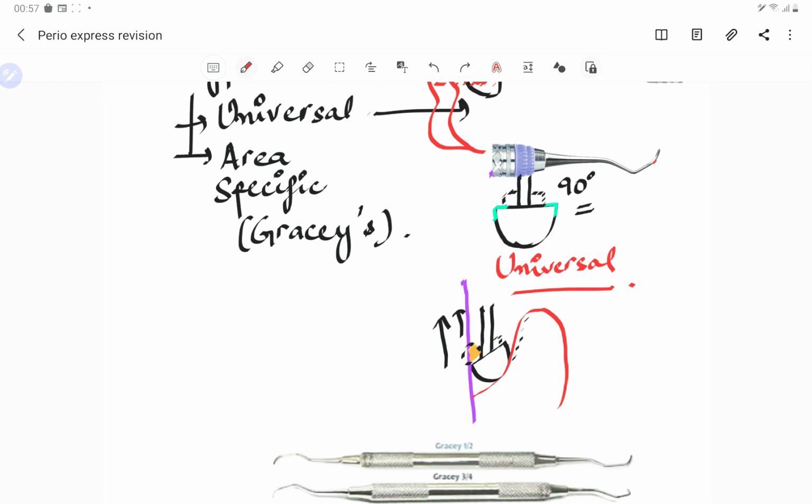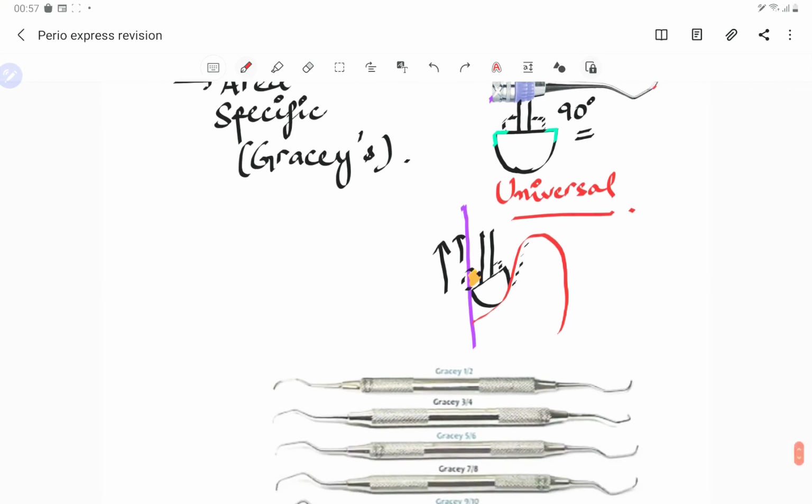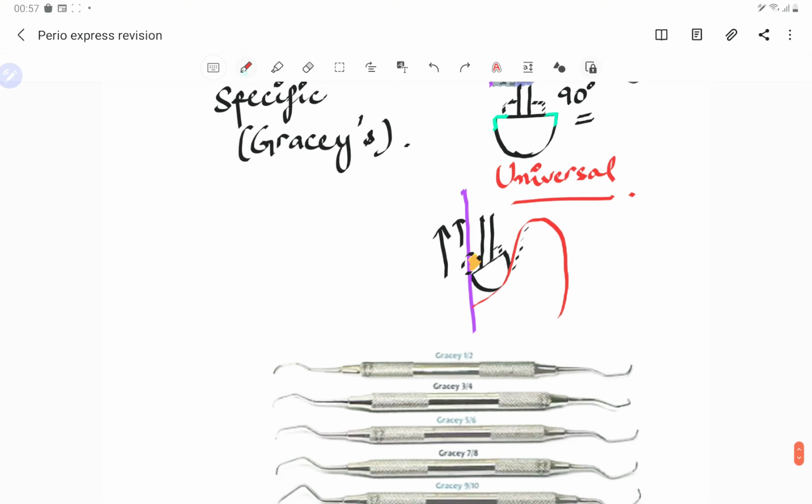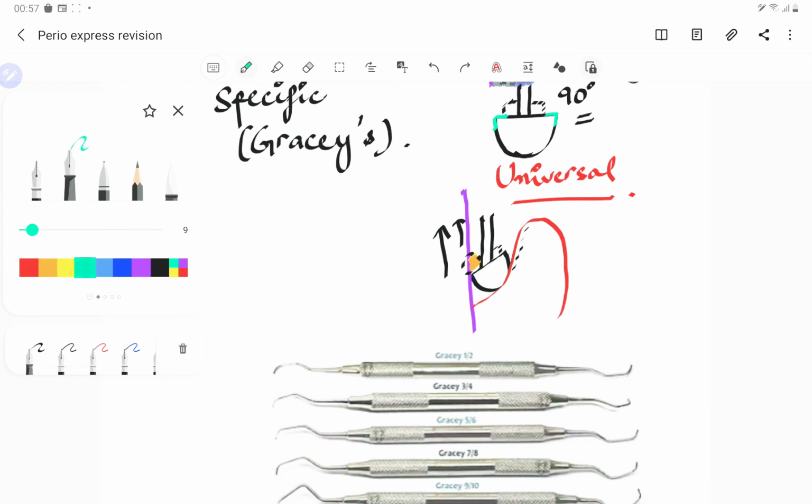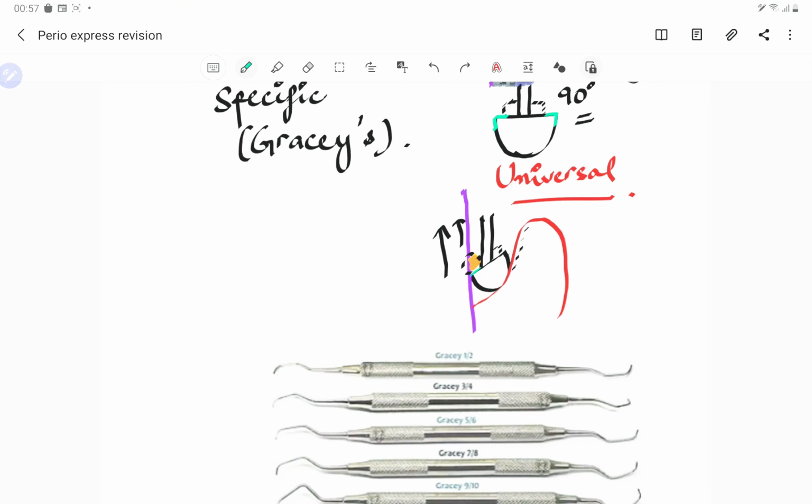It basically has only one cutting edge. Only this cutting edge is the one in use. This is referred to as the lower edge because it is on the lower side. The shank design is different for each of the Gracey curettes.